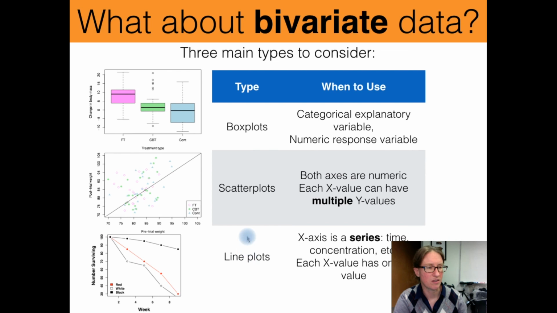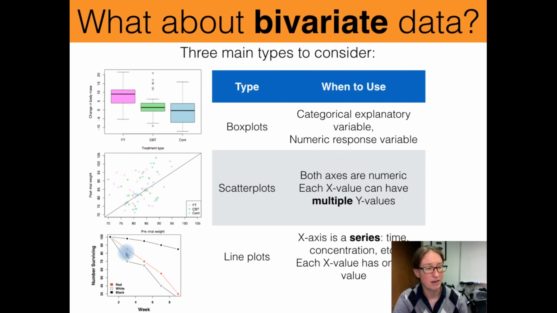So let's take a moment to look at how the third variable is factored in creating those plots, right? So in this scatter plot here, we've got 2 continuous variables, and then we also have different point colors and shapes for the 3 different types of therapy. So we have a categorical explanatory variable that has snuck in here to this plot type. So in some cases, we might see differences across these therapy types that becomes evident in creating a scatter plot.